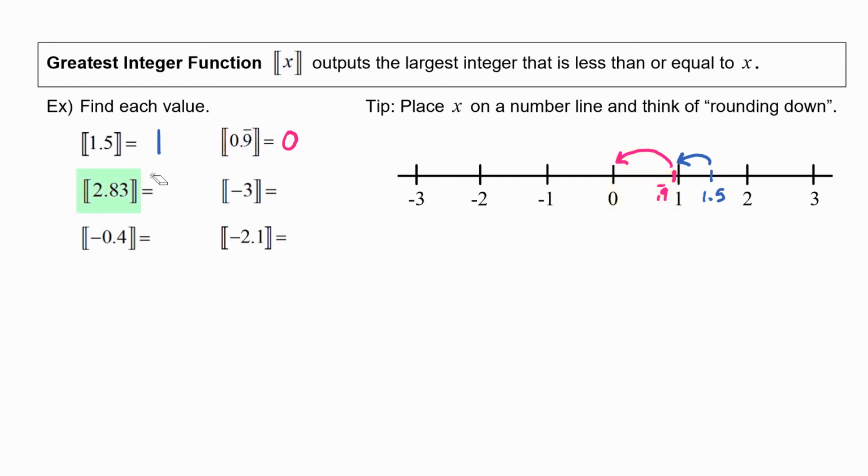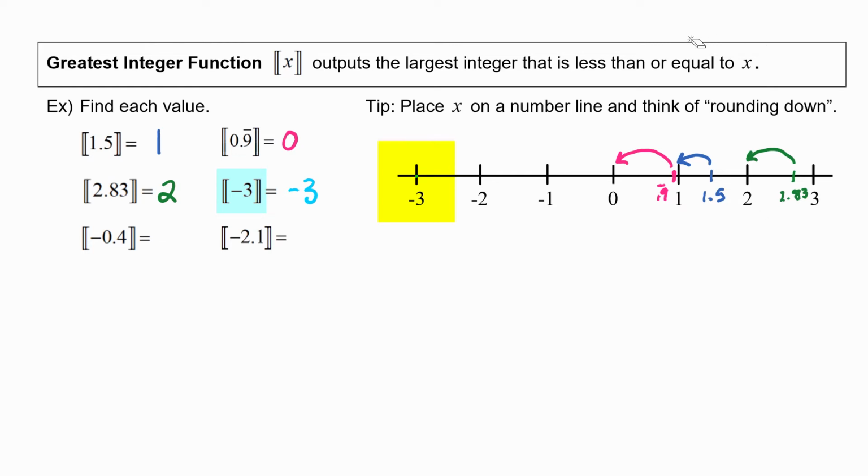The greatest integer of 2.83 would round down to 2. The greatest integer of -3 would be -3, because -3 is less than or equal to -3.